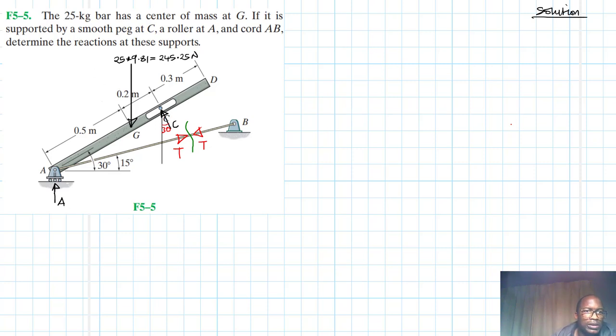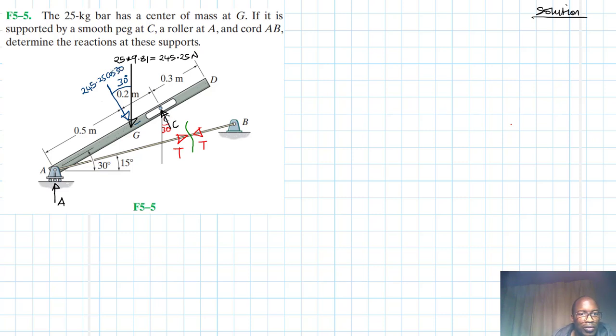Let's say about A. So we're going to need components for this one. We already know this angle here is 30. So one component is going to be equal to 245.25 cos 30.